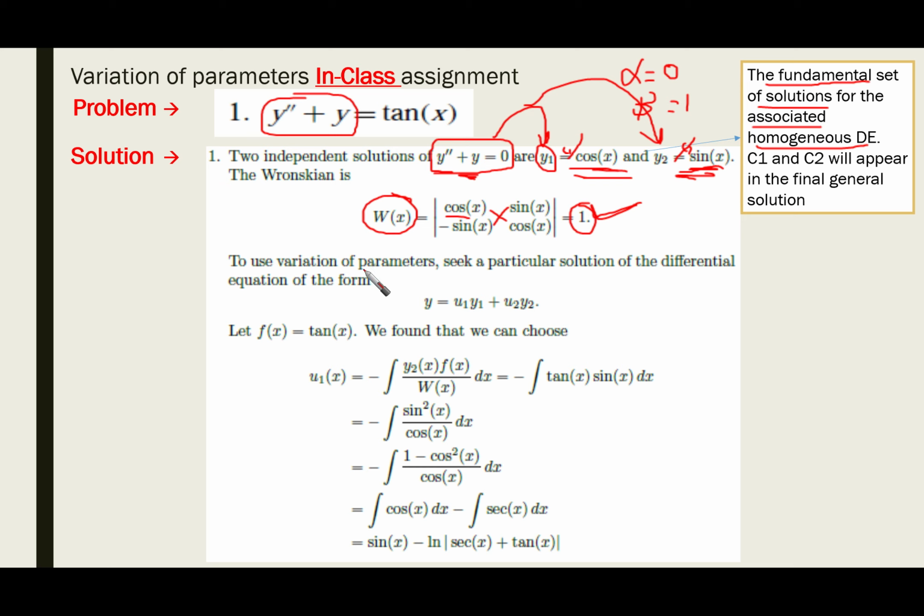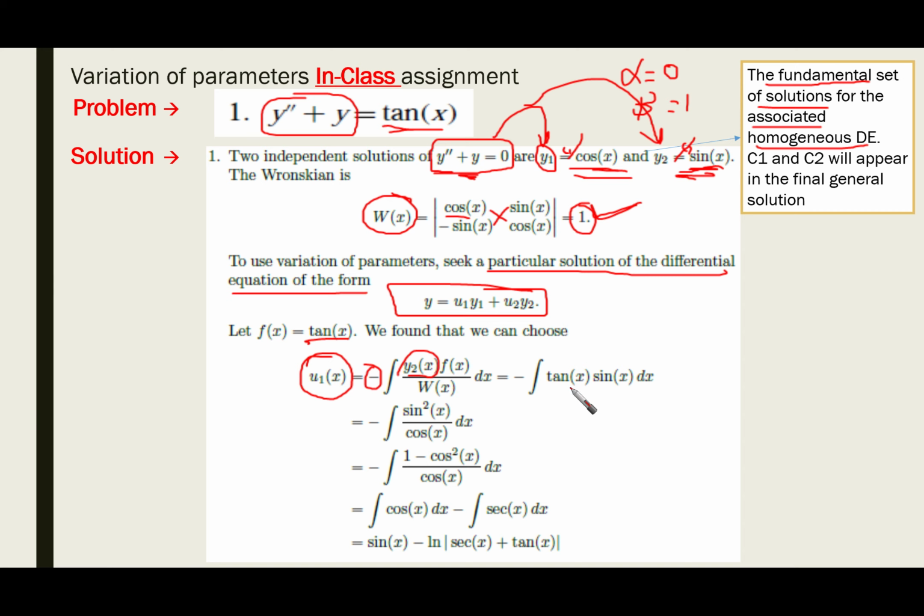To use the variation of parameters, we need to seek a particular solution of the differential equation in the form u1 y1 plus u2 y2. We find that f of x for us is tan x. Then u1 of x is going to be minus the integration of y2 times f of x over the Wronskian.